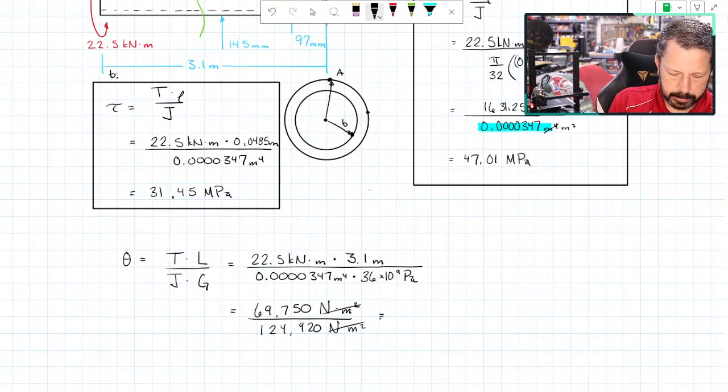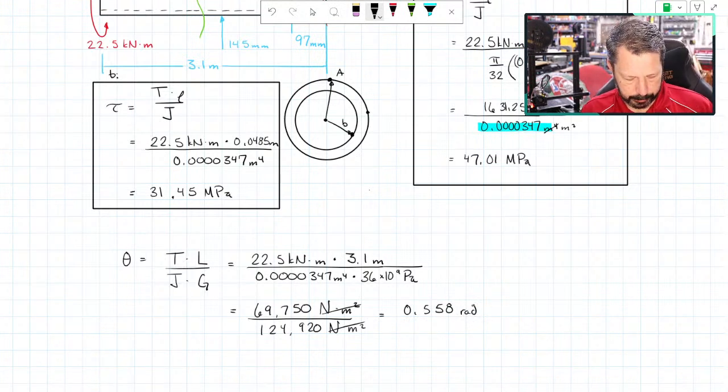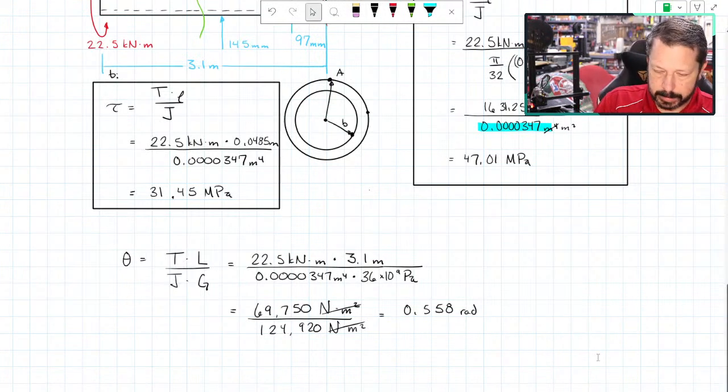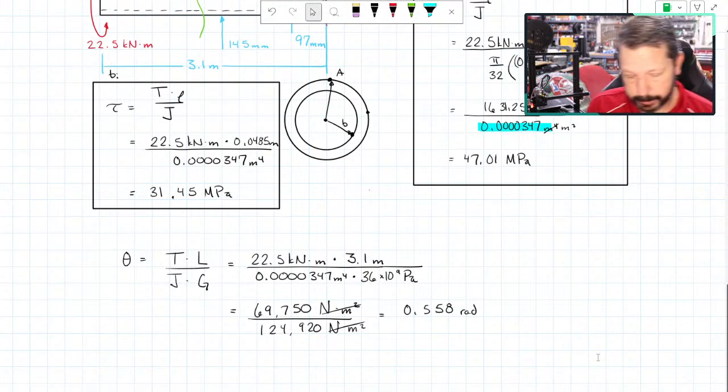69,750 divided by 124,920 is 0.558 radians. Let me check real quick if WebWork agrees with that. Oh wait, it wants it in degrees. So we need to convert our radians over to degrees for WebWork to be happy.